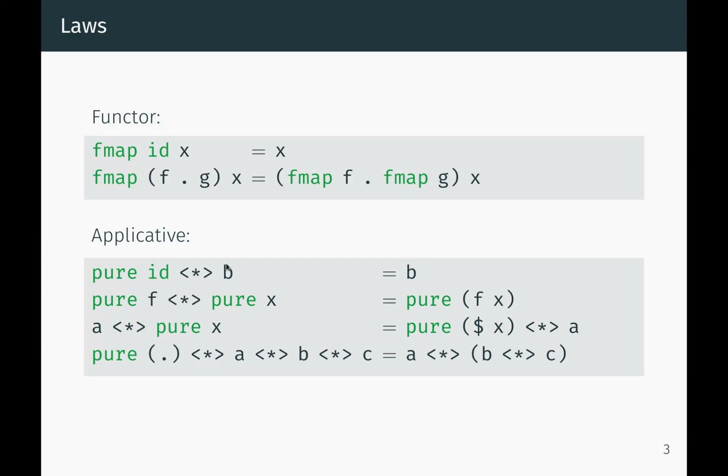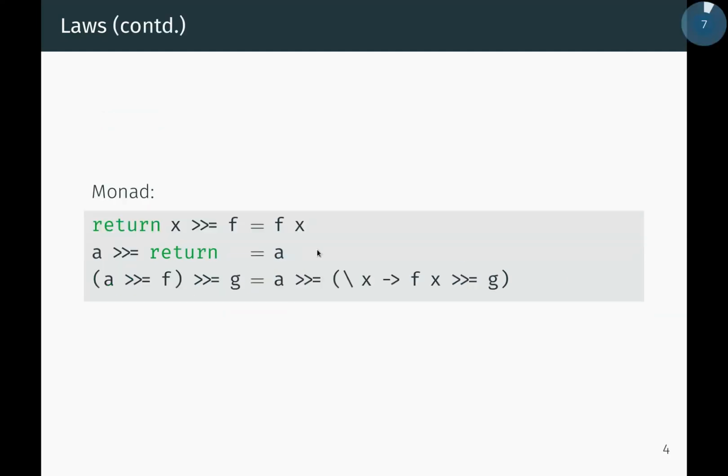So the first one is basically also an identity law for pure, and the first 3 actually. Yeah, so I think it's not very important. And finally, monad. The first 2 are basically saying that return is like an identity element for bind, and the second one is something like associativity for bind.